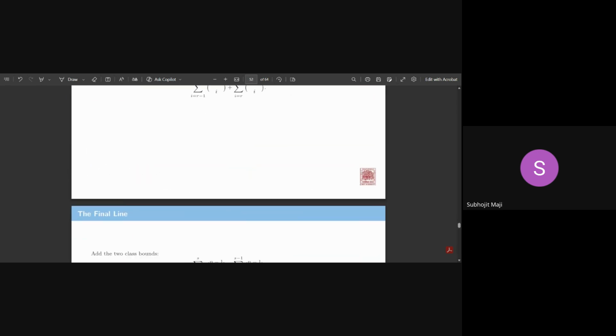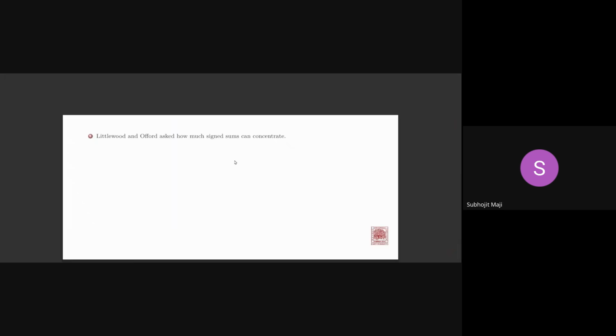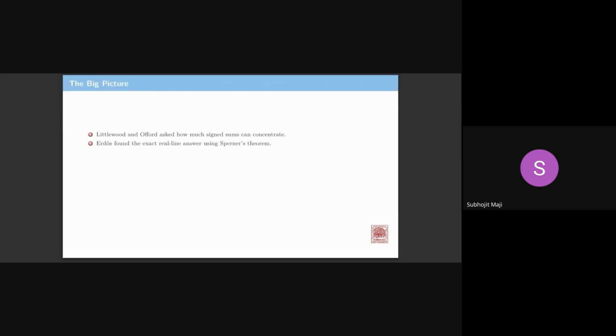So coming back again. Littlewood and Offord asked how many of these signed sums can concentrate? Then Erdős found the exact real line answer using Sperner's theorem. Then Kleitman proved the multidimensional result by combining induction with geometry, as you saw right now. The crucial geometric step was separating by a hyperplane.